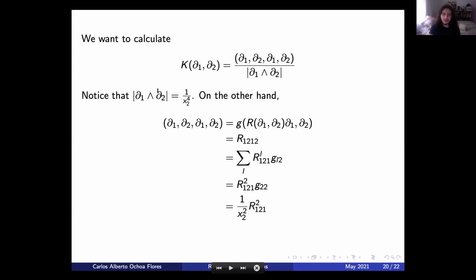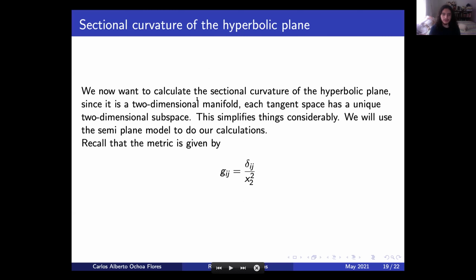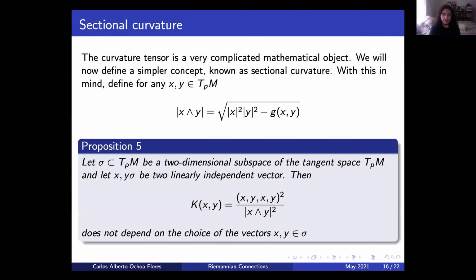One can notice that the denominator is 1 over x_2 to the fourth. One doesn't have to look at the square root. Simply, this one will be 1 over x_2 squared, and this one will be 1 over x_2 squared. When we multiply them, we obtain 1 over x_2 to the fourth, and the cross term is 0 because the vectors are different.